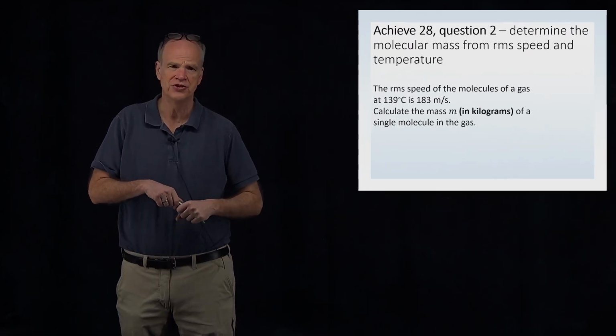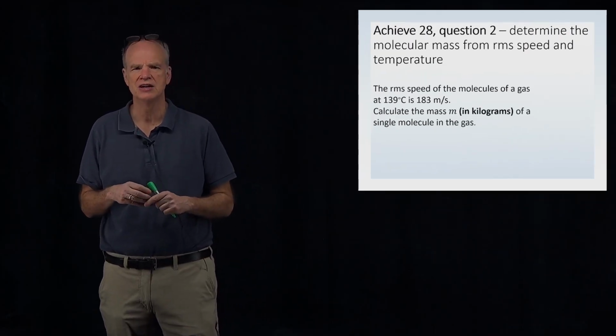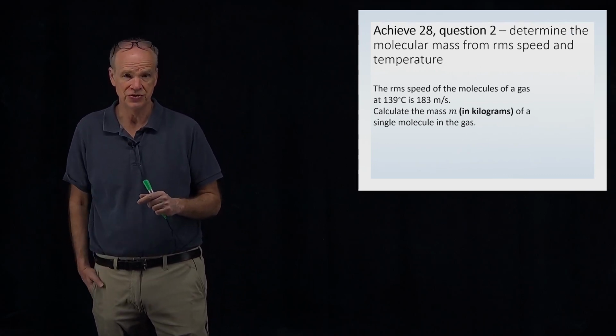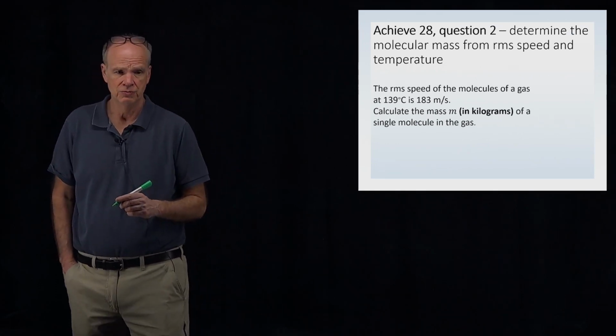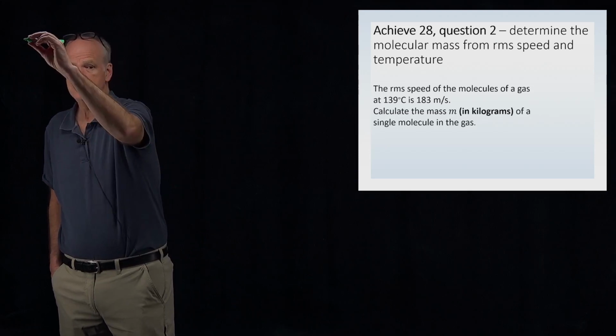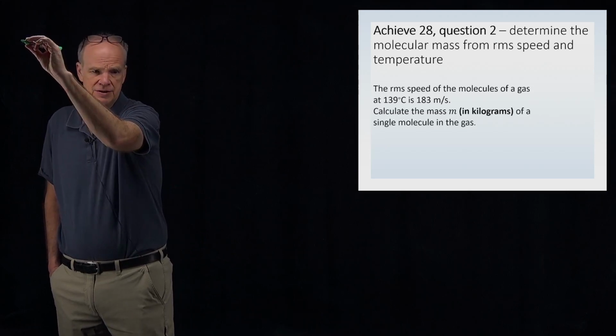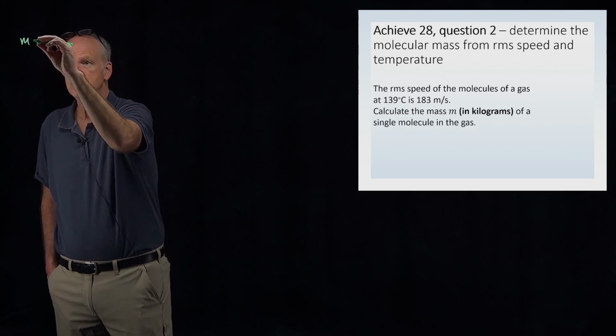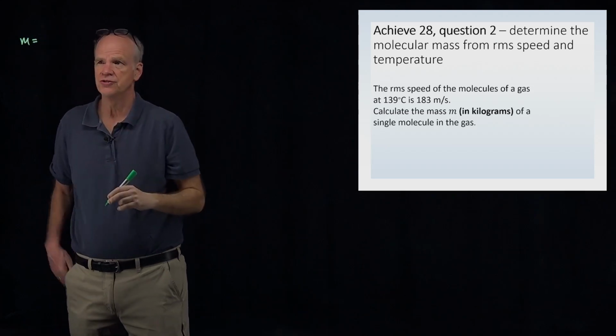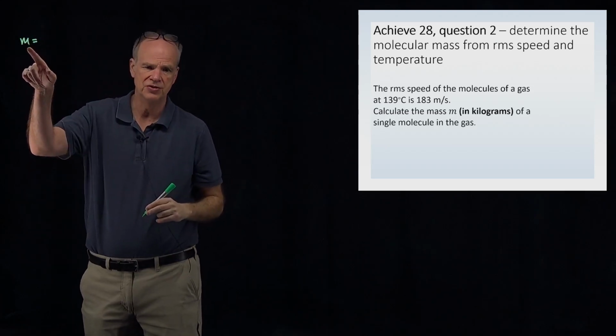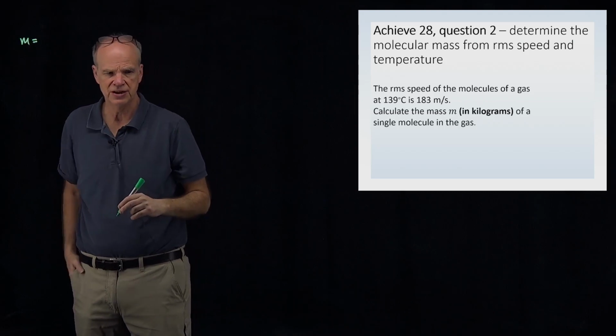Let me first assign some variables and see if I can conjure up the formula we want to use to solve this problem. We are trying to find the mass of a single molecule, so a little m is the mass of a single molecule that we're trying to find.